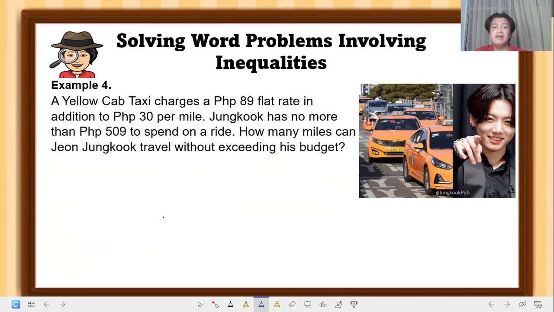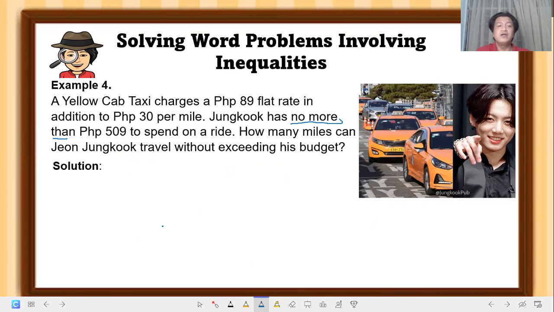How many miles can Jungkook travel without exceeding his budget? Let's identify the keyword first. Okay, he used no more than here. When we say no more than, it will not go higher than 509 pesos, because that is his budget. Meaning, how many miles can he travel so as not to go over his budget of 509.